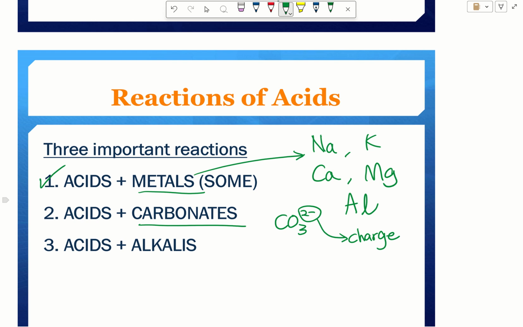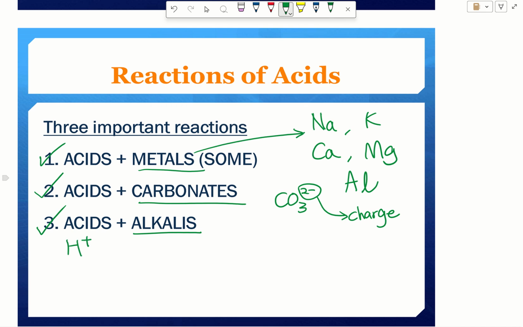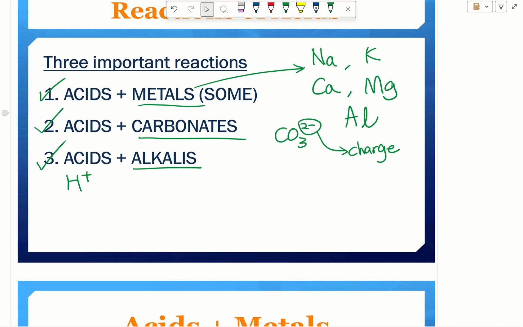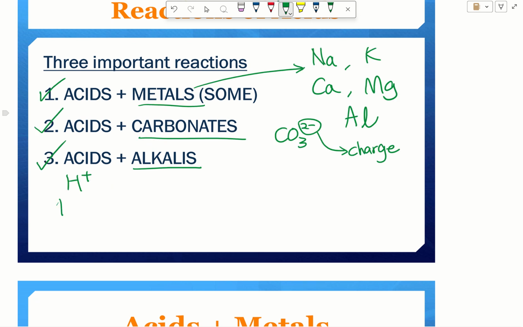The third reaction that you need to know is acid plus alkaline. We have done in previous lessons that acids are those that produce H plus ions. Examples of acid we have are HCl, hydrochloric acid, H2SO4, and also nitric acid, HNO3.